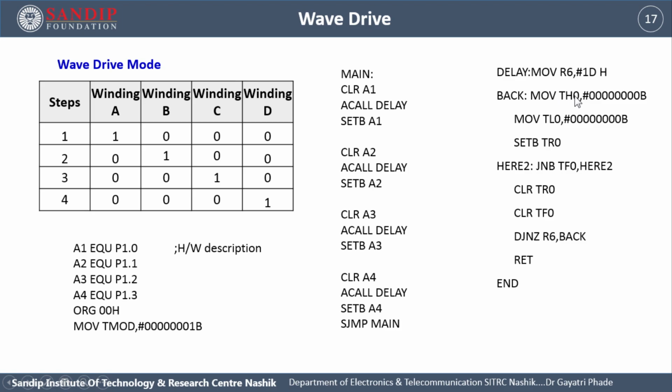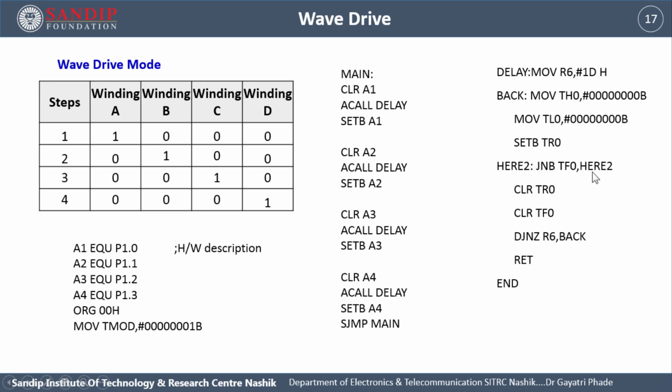Here we have initialized TH0 with 00. Lowest count gives the highest delay. That is the concept we have seen in timer programming. So TL0, TH0 is loaded with the 0 count, so it will give the maximum count of FFFF. Start the timer, wait for the flag to be raised.